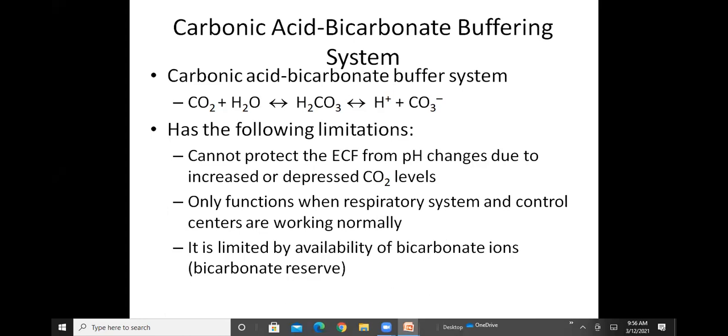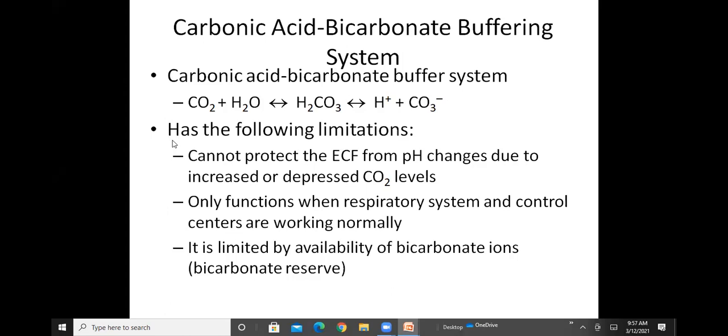Where the pH increases, it gives off its proton to bring down the pH level. On the other hand, where the pH reduces, it could also take up some of this proton using its bicarbonate. So the bicarbonate there should be HCO3 minus.